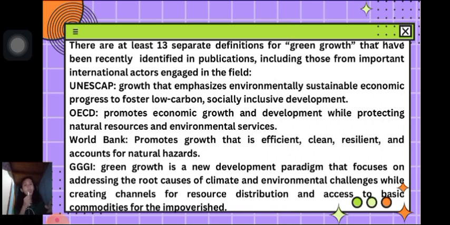So here it focuses on addressing the root causes of these challenges while ensuring the creation of the necessary channels for resource distribution and access to basic commodities for the impoverished. I know you all know this simple definition because it all talks about green growth.